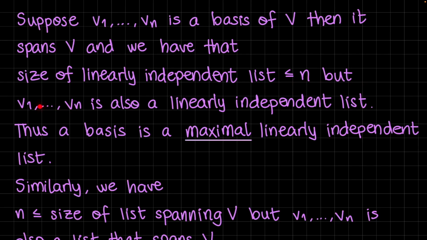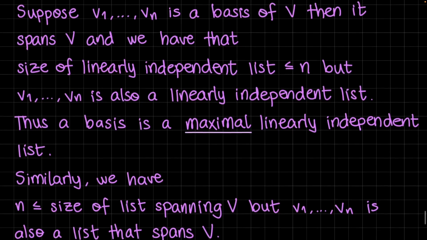But we note that V1 through Vn is also a linearly independent list. So this basis is such that it is actually saturating this inequality. If you had taken any other linearly independent list that was not a basis, it would have been strictly less than n. Just because this is a basis, we saturate this inequality to make it an equality.